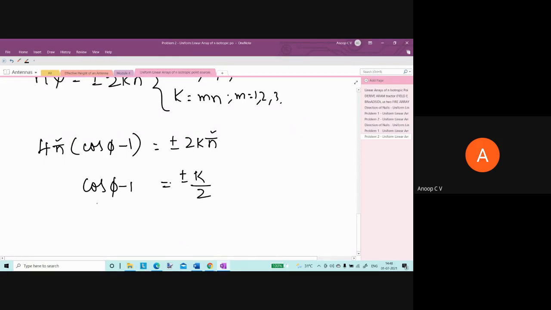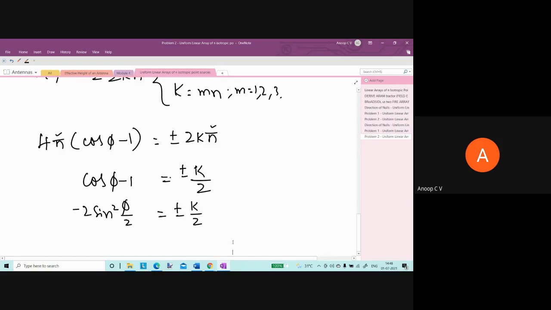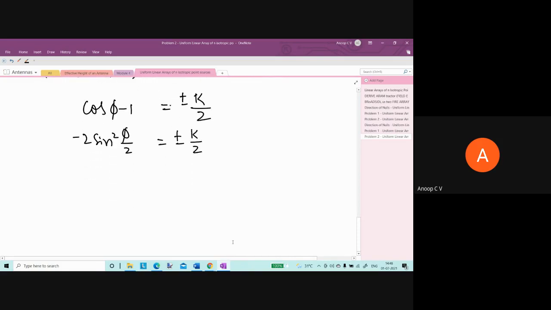Then again I can write it as minus 2 sine square phi by 2 is equal to plus or minus k by 2. I'm writing all the steps. There is a minus sign. If I take this minus sign to the right side, plus or minus will become minus or plus, so it doesn't make any difference.